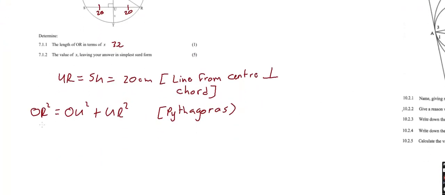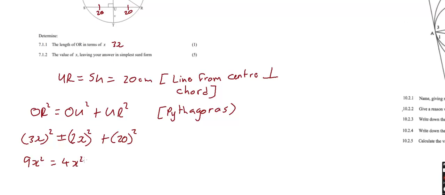Because of this, we can now substitute. OR is 3X squared, which is equal to OU, which is 2X squared, and then the 20 squared. This is 9x squared, 4x squared, and then 400 this side.